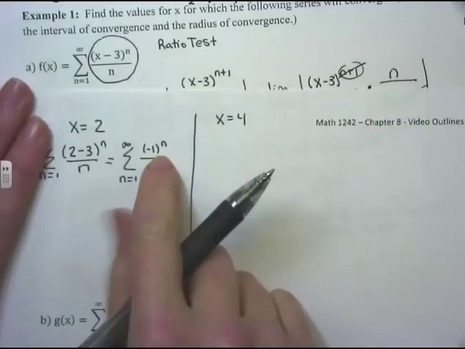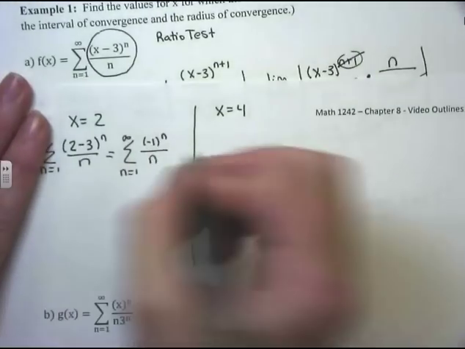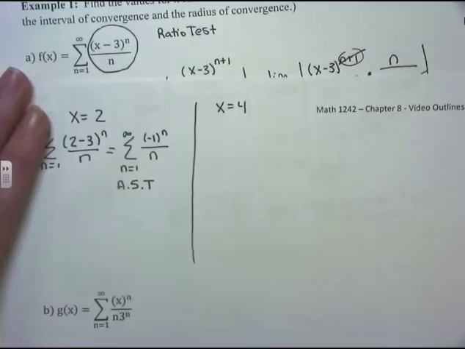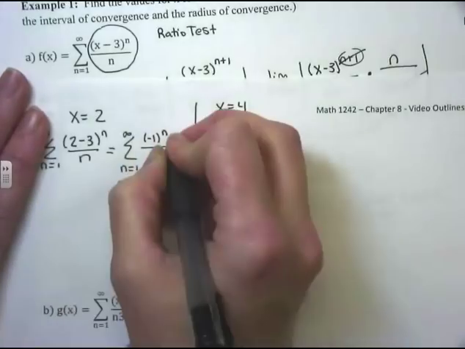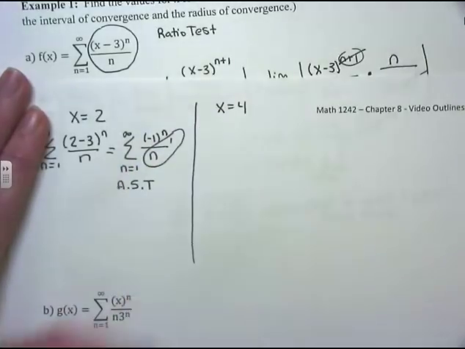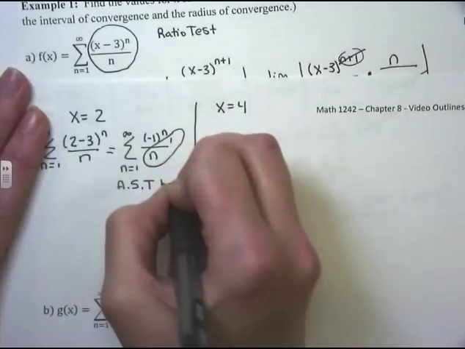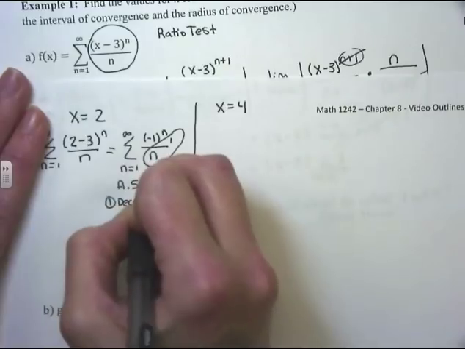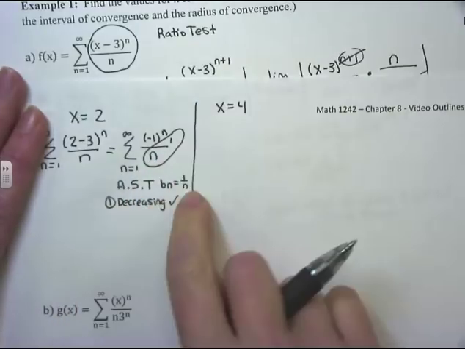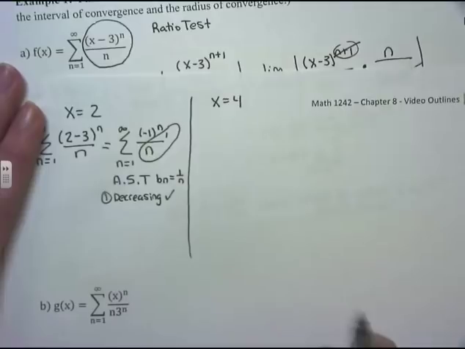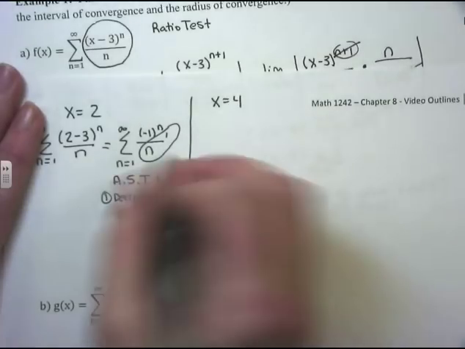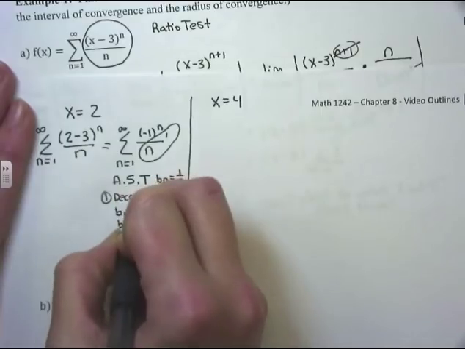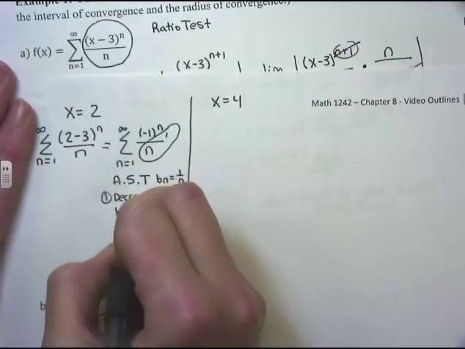I want to know, does this series converge? You should notice that it's an alternating series. Couple different ways you could think about it. I'm going to go with the alternating series test, which says I want to consider the non-alternating part of the sequence inside, that 1 over n, and I want to know, is this a decreasing sequence? We've worked with this one before several times. You know that it is. Alright, so let's look at a few of the terms. If I wanted to look at b_1, it would be 1 over 1. b_2 would be 1 over 2. b_3 would be 1 over 3.